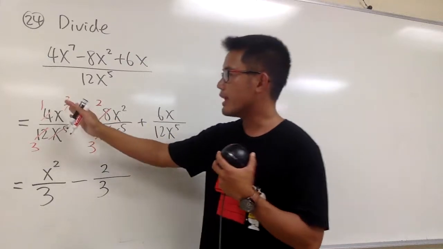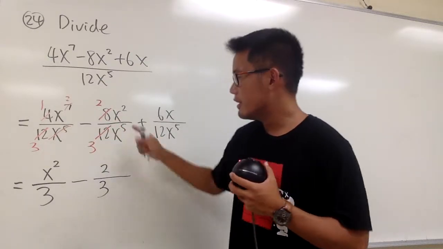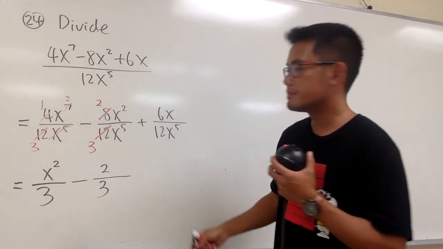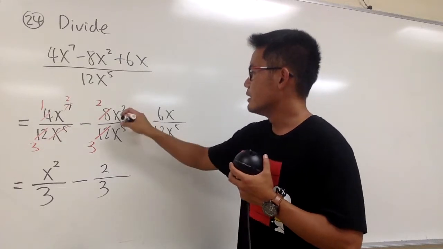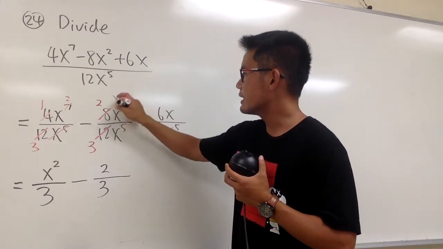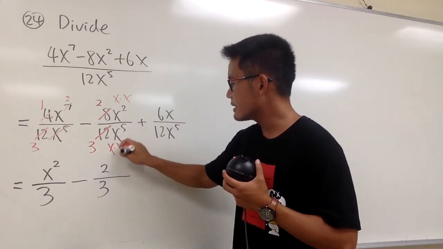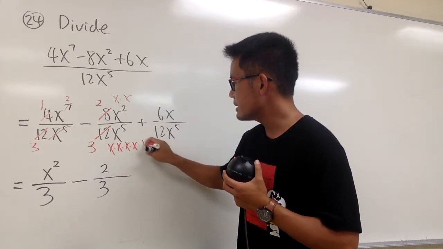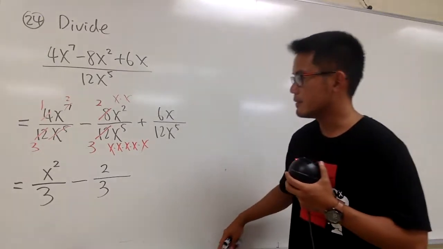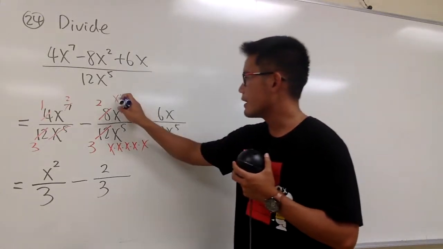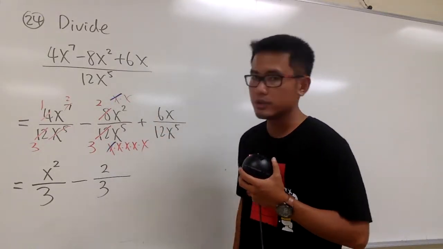And earlier I showed you guys how to just subtract the exponent. This time I will write it down for you guys, all right? This right here, x squared means x times x. X to the 5th means x times x times x times x times x. And as you can see, right here, this x and that x can be cancelled.